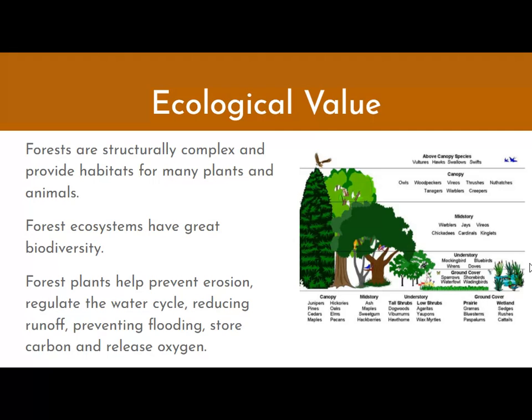We've got the mid-story, which is other birds and tree-dwelling critters. The understory, which is right under where all of the leaves usually are. And finally, we've got our ground. So we've got a bunch of different layers and different communities that live within those layers.